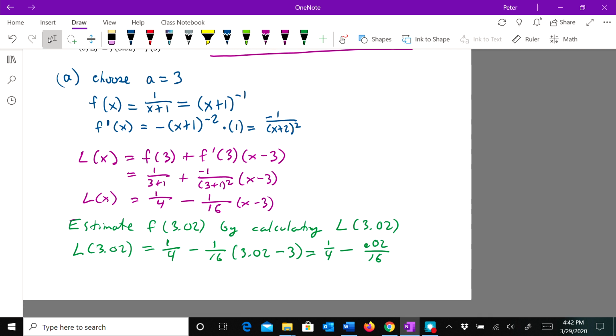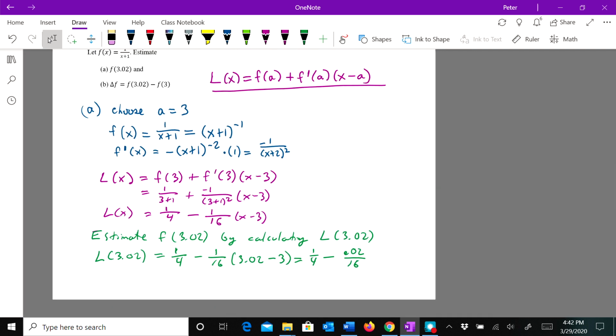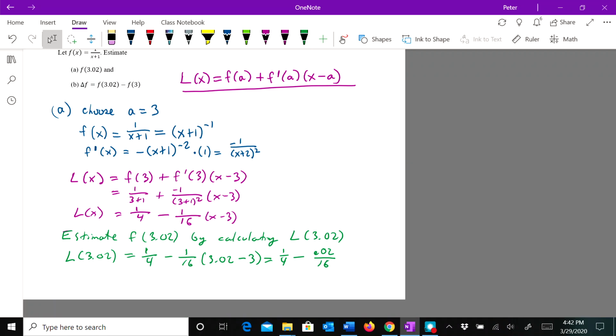Okay. Now, because we really want this to look nice, we don't want to just leave it in that form, we're going to put this in the form of an integer ratio.